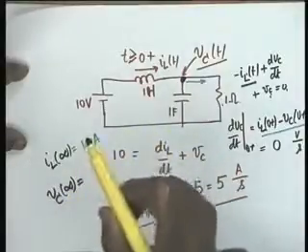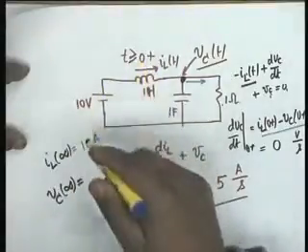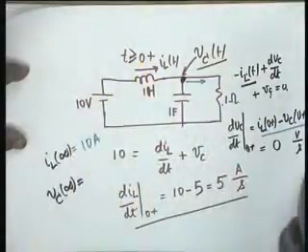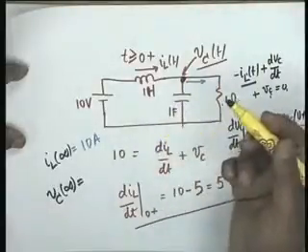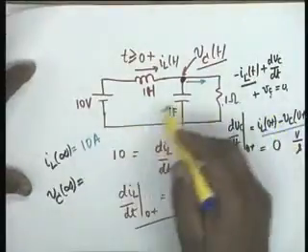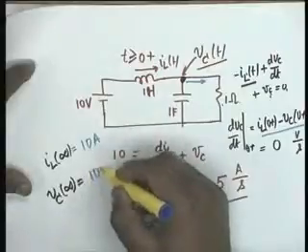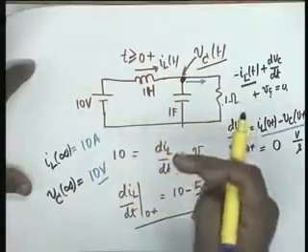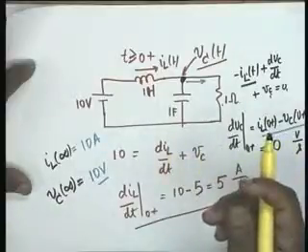The initial condition was 5 ampere, IL at 0 plus. From 5 amperes it rises to 10 amperes, obviously exponentially, determined by the time constant of the circuit. Vc at infinity is again equal to 10 volts. It started from 5 volt, now it has risen to 10 volts, and that is the total solution of the problem.